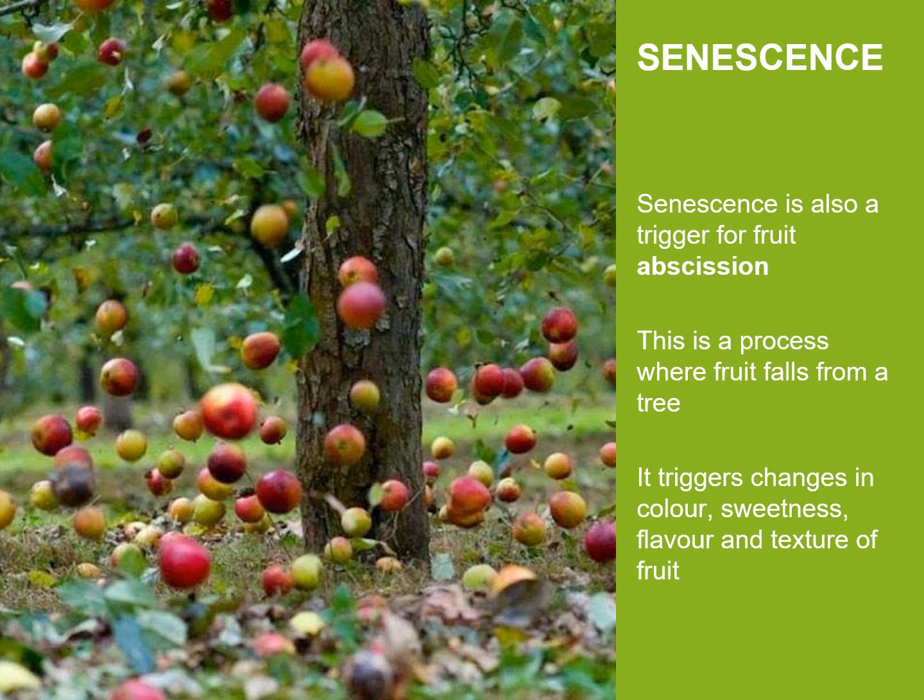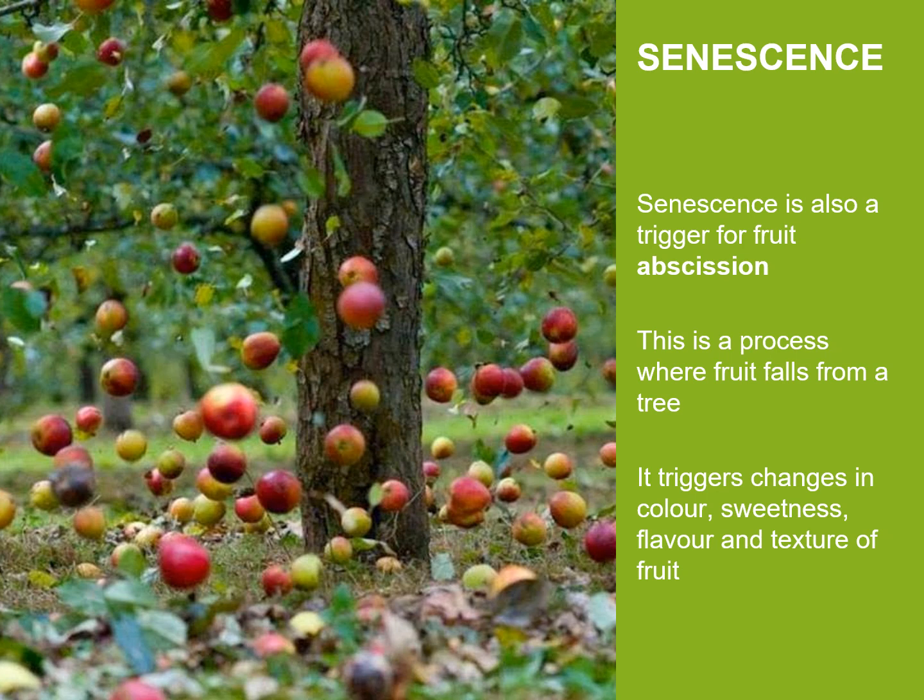So the process of senescence is usually also a trigger for abscission of the fruits. So this is what happens when the fruits naturally fall from the tree. This process itself triggers changes within the fruits, which cause them to become either more red, for example, in the case of some apple cultivars.